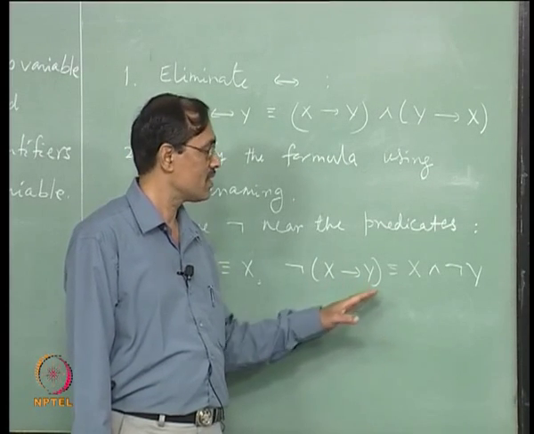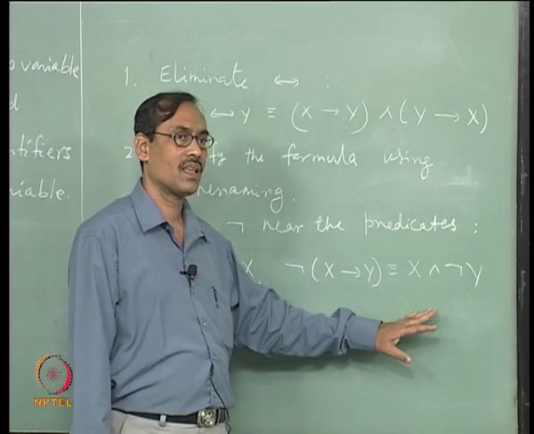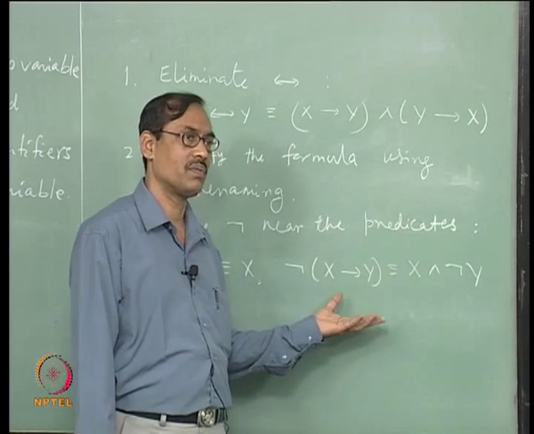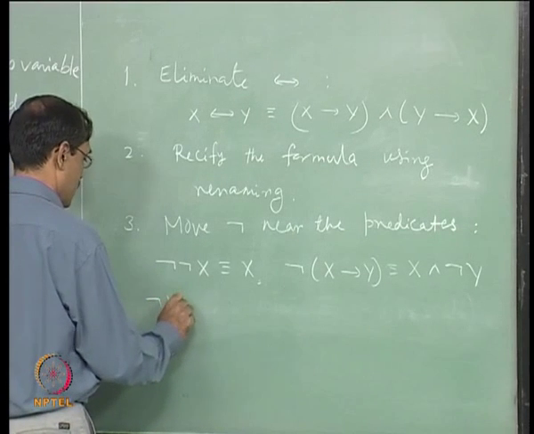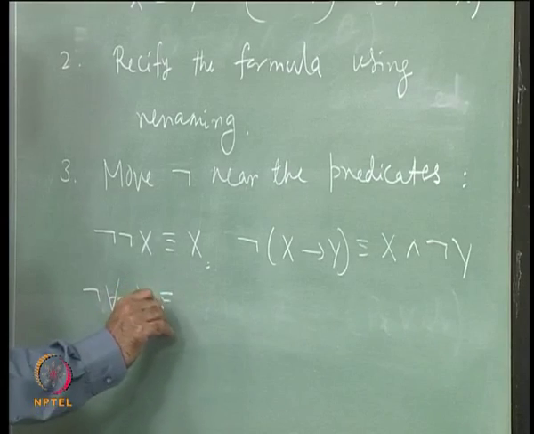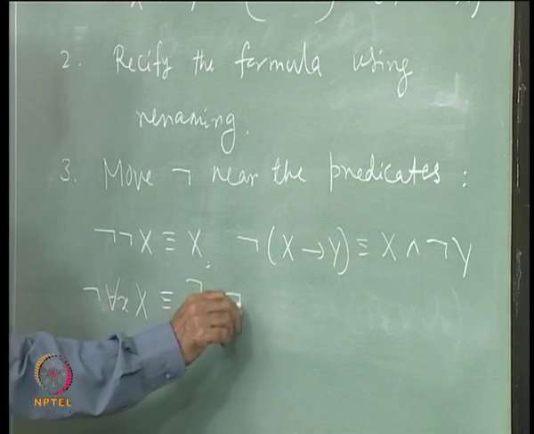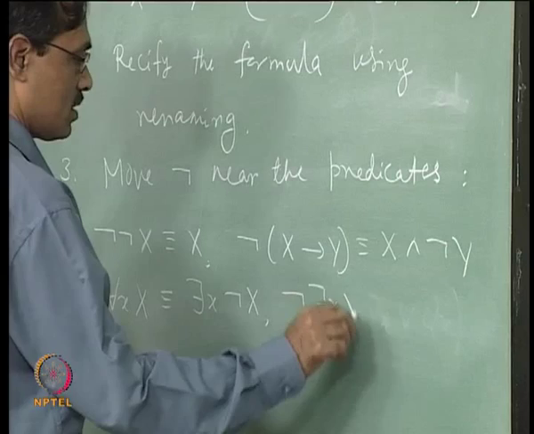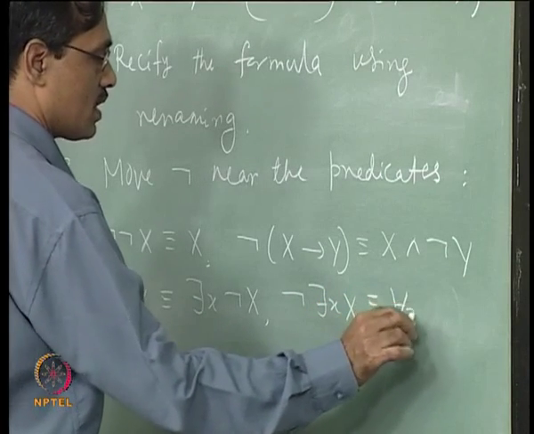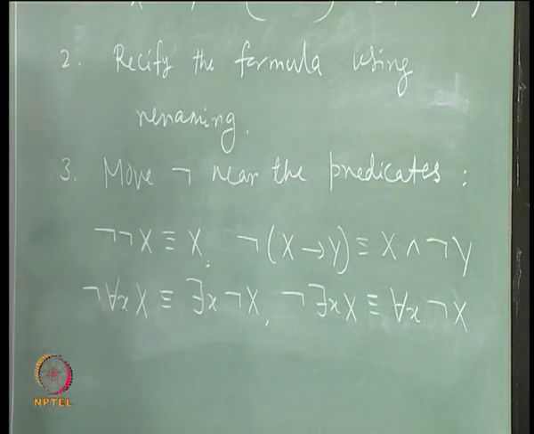If you need it, this much is enough, okay. You can have still the quantifiers outside. So, then what we use is not for each x, x is equivalent to there is x not x, and also not there is x, x is equivalent to for each x not x. Fine.